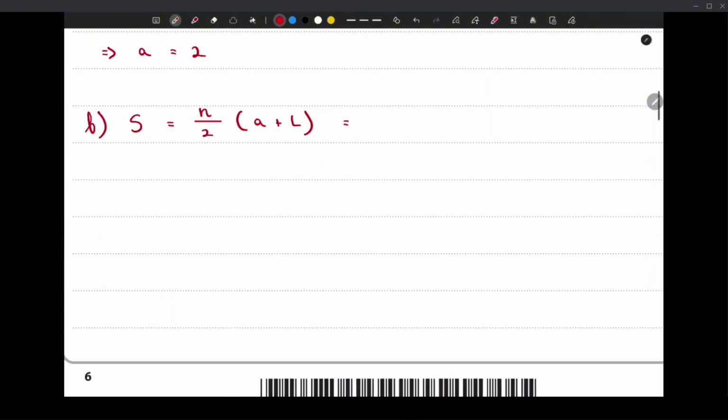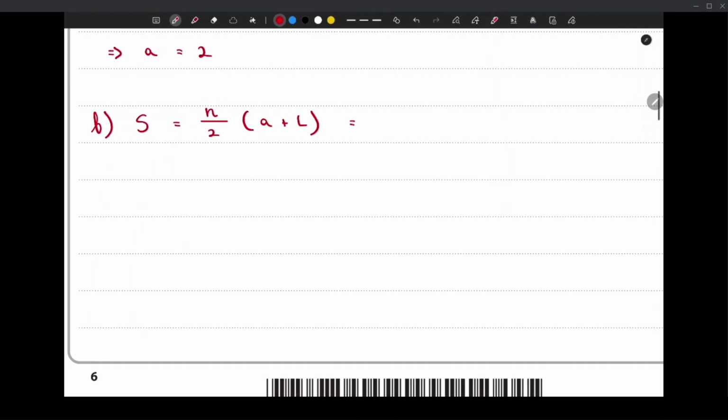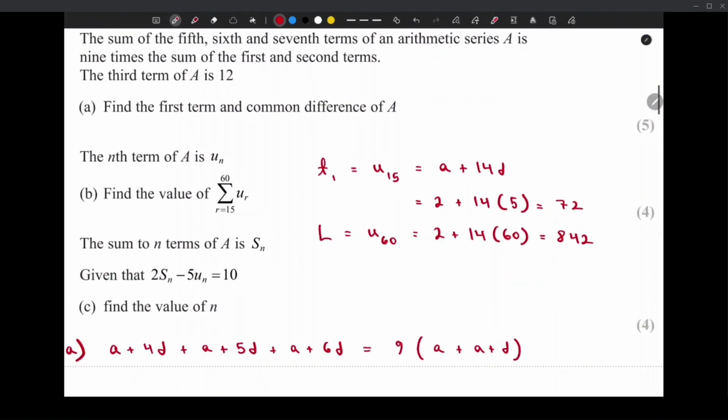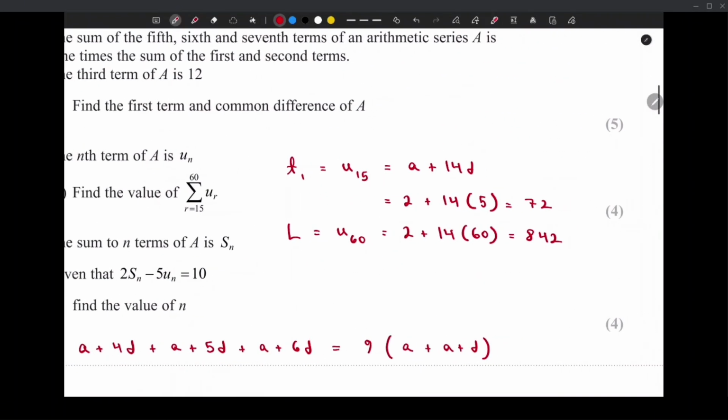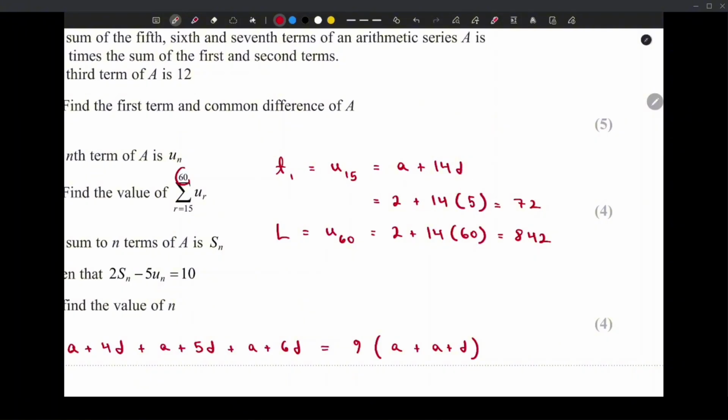So first of all, we need to calculate the value of n. In order to calculate the value of n, what we can do is subtract 15 from 60. So we will get 45. Now 45 basically represents the number of terms from the 15th term up to the 60th term, excluding the 15th term.